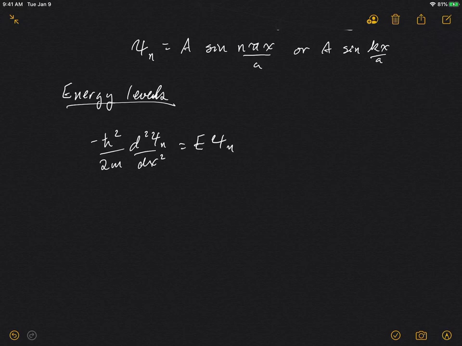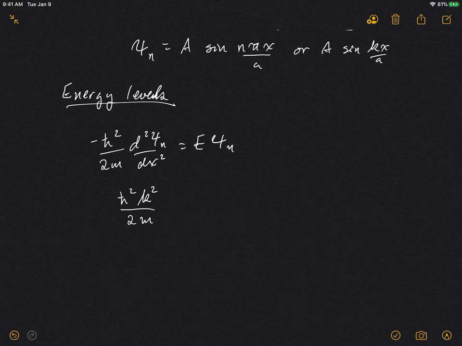And when we take the second derivative of the wave function, we end up with h bar squared. Okay, the minus cancels, and so we get h bar squared k squared over 2m. The h bar squared and the 2m were there already.